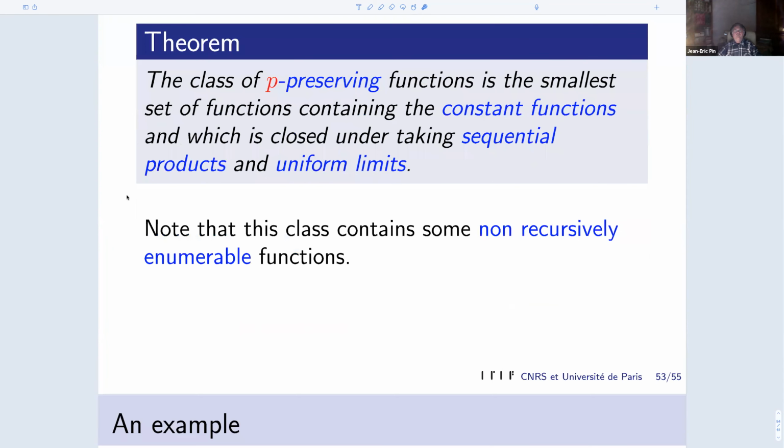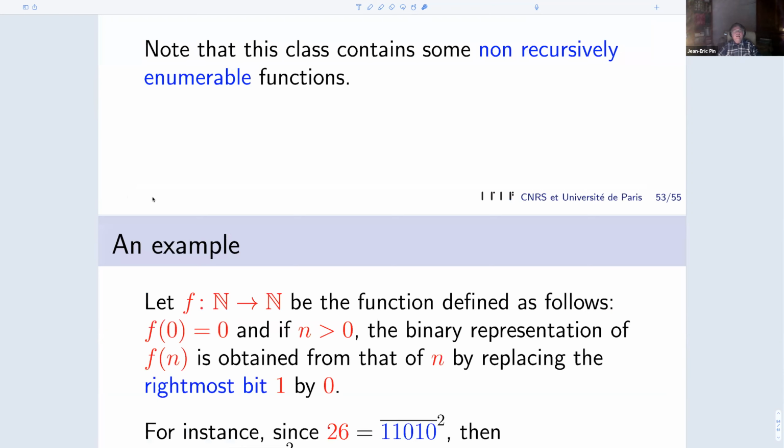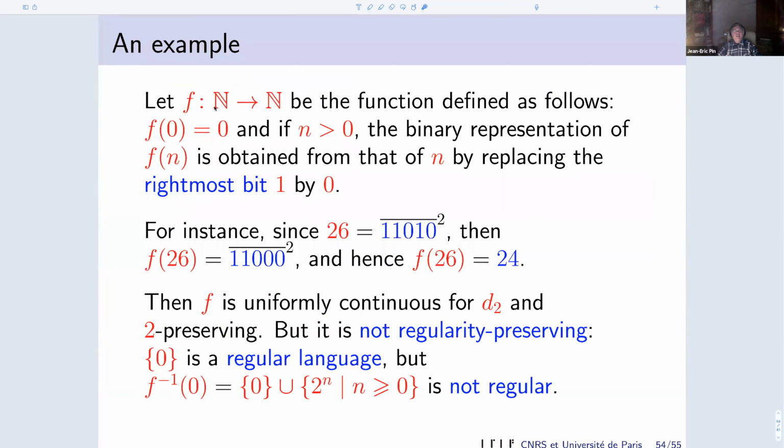The example is this one. If you take this function, again with binary numbers this time, let me explain what you do. You want to compute f of 26. You write 26 in binary.